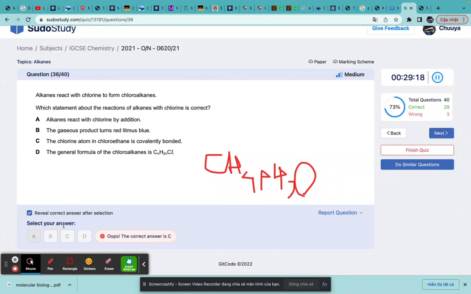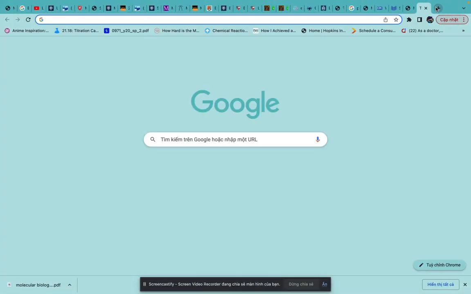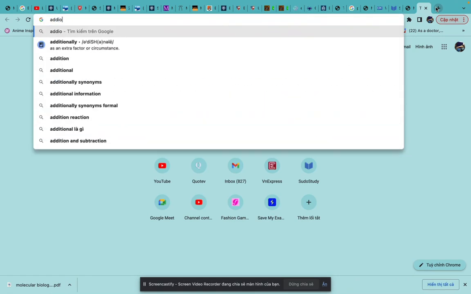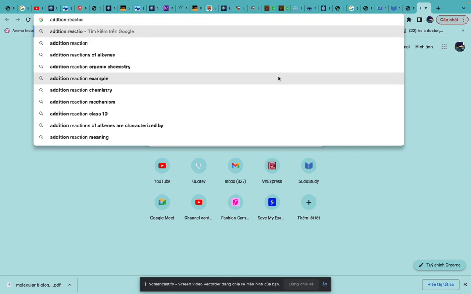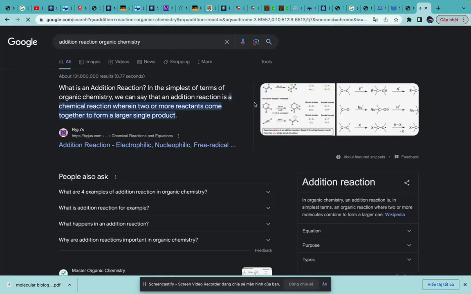I think it's added by addition. Oh wait, no. Addition is when you. Oh shoot. Oh wait, no, that's cracking. Addition is when you. Addition reaction of organic chemistry.